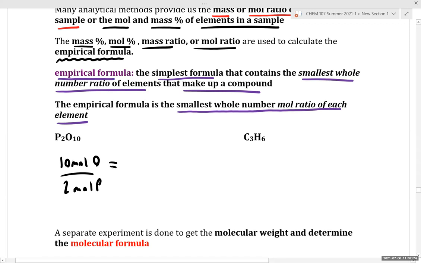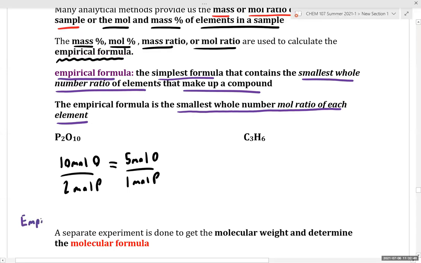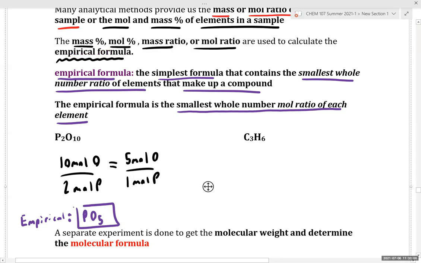Thus, this 10-to-2 could be simplified to what ratio? 5-to-1. Yep, exactly right. So we can simplify this to 5 moles of oxygen per 1 mole of phosphorus, giving us an empirical formula of PO5. So as we can see, the empirical formula is the simplest whole number mole ratio of elements.